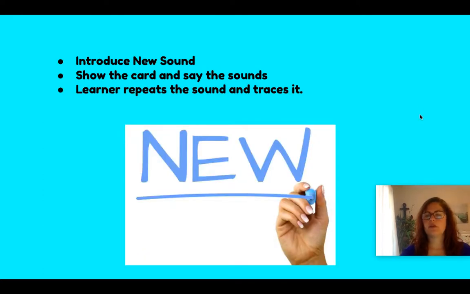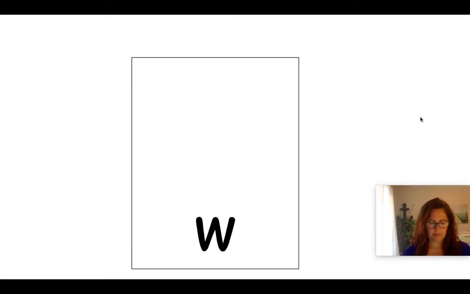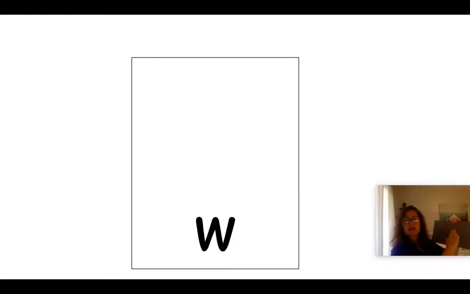Okay, we're getting ready to learn a new sound. We have W, which says w for wagon. W, wagon. So you will want to trace W says w, 3 times.